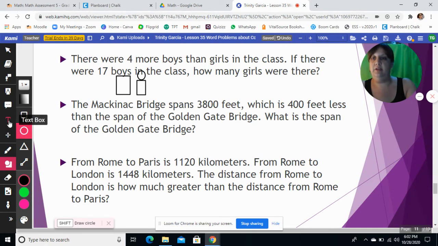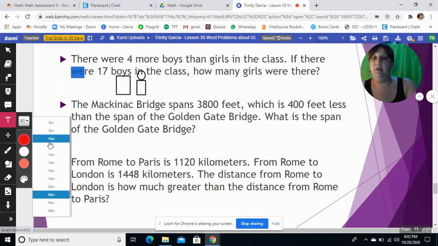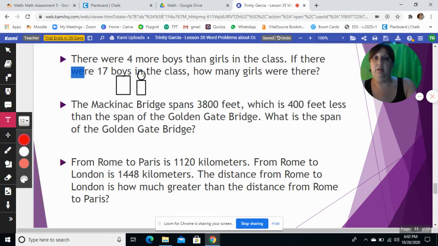Okay, so here we go with our circle. We're going to put the number 4 in there because there's 4 more, right? And then we know that there are 17 total. So let's put the 17 over here.